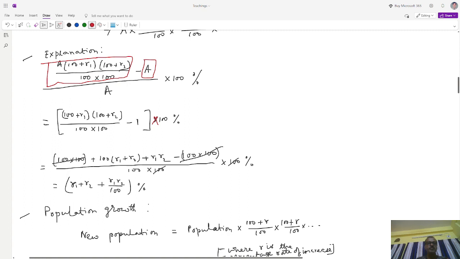The next step of simplification: we multiply these two terms and get 100 into 100 plus 100 into R1 plus R2 plus R1 R2. Then the simplified form is R1 plus R2 plus R1 R2 divided by 100%.